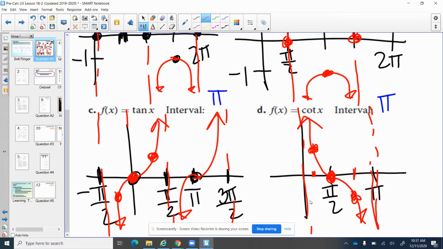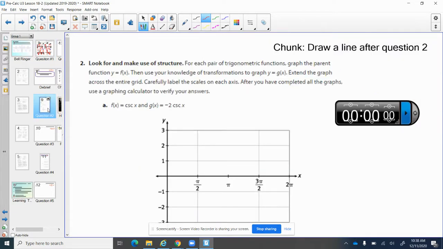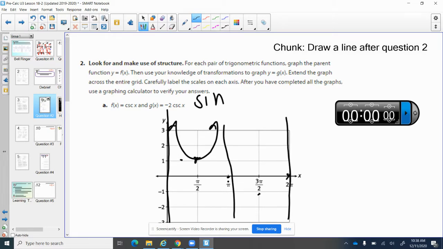Now we can start transforming based off of these parent functions. If we know that cosecant of x deals with sine of x, our parent function would look like so, where we are up, down, and then back to the beginning. Here's our parent function of secant.